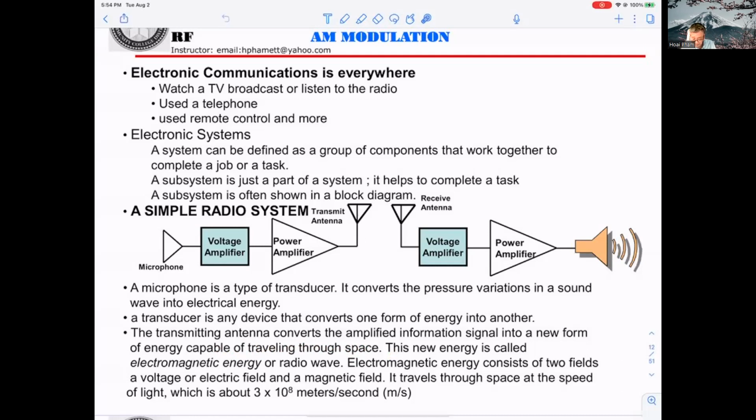Okay, this new energy is electromagnetic energy or radio wave. Electromagnetic energy consists of two fields, a voltage or electric field and a magnetic field. It travels through space at the speed of light. You know, the speed of light is 3 times 10 to the 8 meters per second.